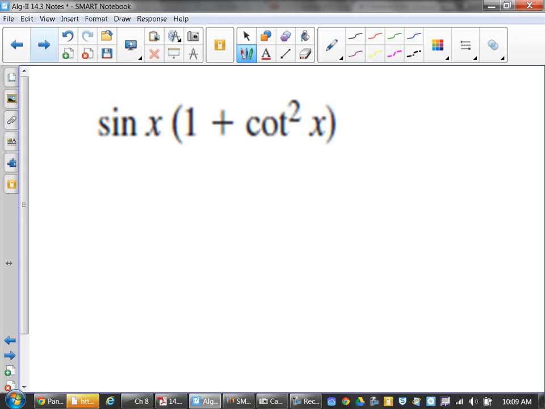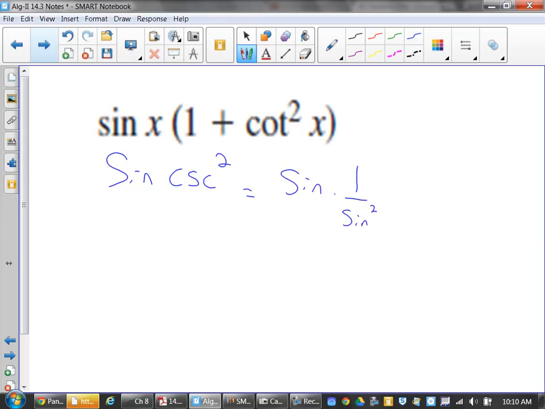Now Izzy, one of the things you should notice is that you've got a 1 plus something squared. Is that one of the identities? Yeah. What is it? It's cosecant squared. All right, so you get sine times cosecant squared. What's cosecant? 1 over sine. Wait, does it equal cosecant?